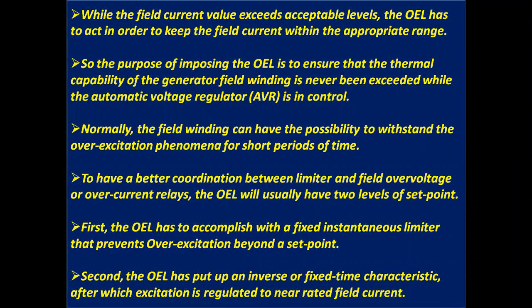First, the OEL has a fixed instantaneous limiter that prevents overexcitation beyond a set point. Second, the OEL has an inverse or fixed time characteristic after which excitation is regulated to near rated field current.